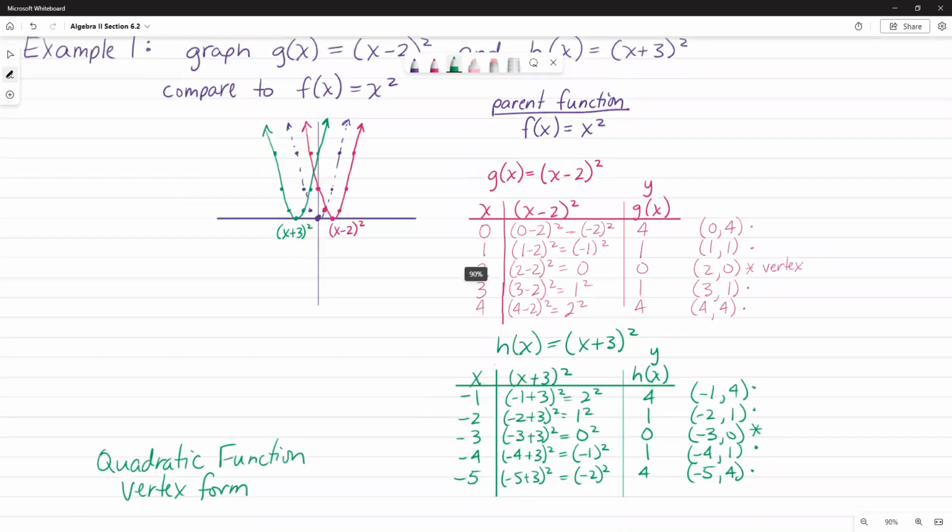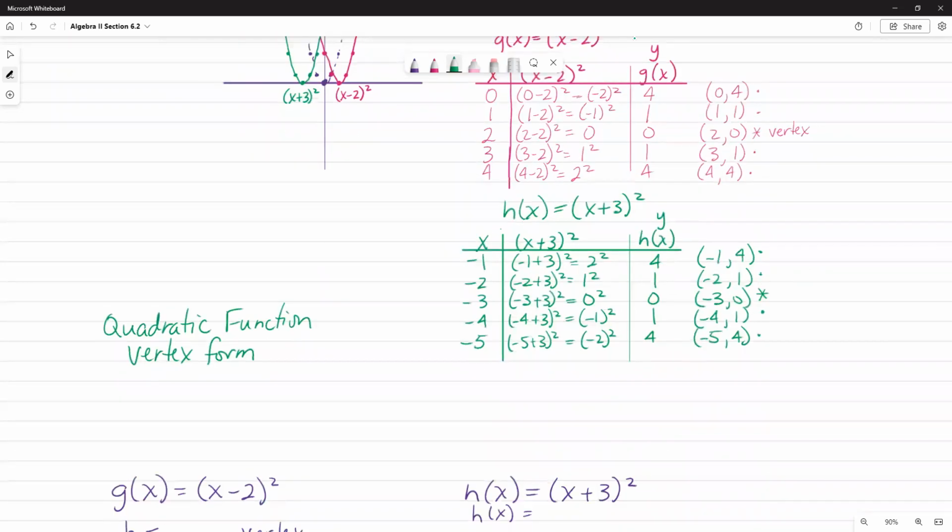All right, so the quadratic function in vertex form, I just want to write that again. That is your f of x equals a times x minus h squared plus k.